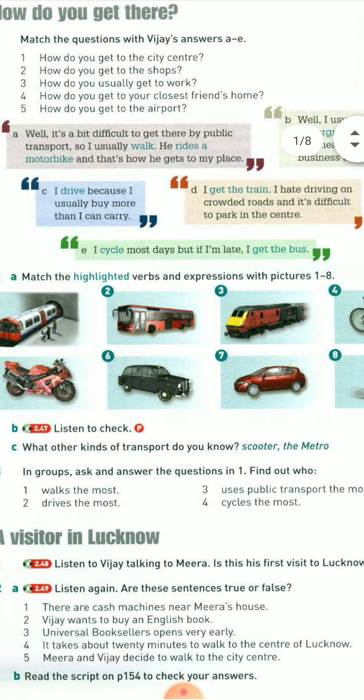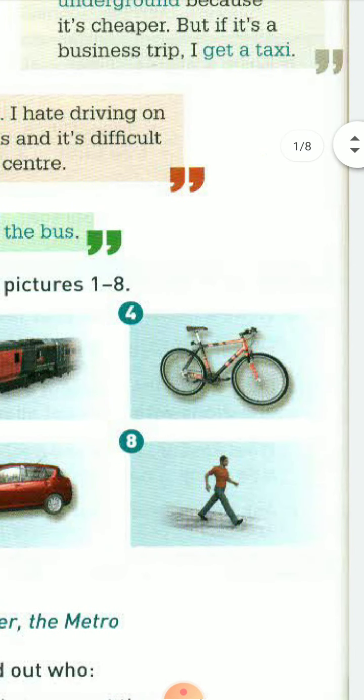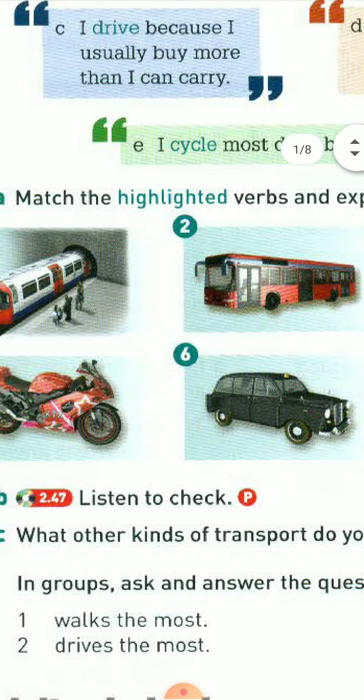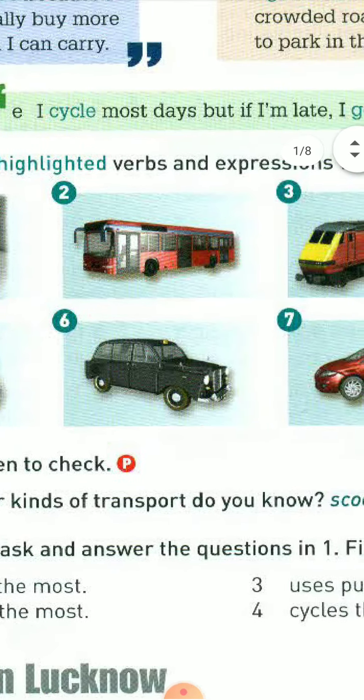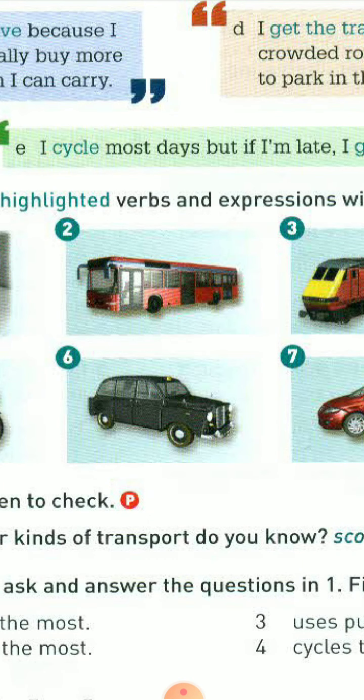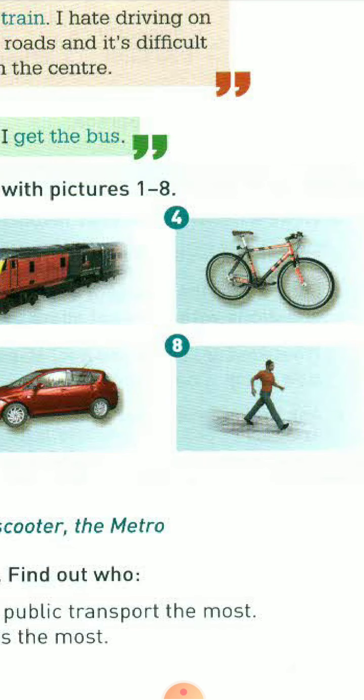Get the train. Get the train. 4. Cycle. Cycle. That's the action. 5. Ride a motorbike. Ride a motorbike. 6. Get a taxi. Get a taxi. 7. Drive. Drive. You drive your car. You walk. Walk to work, you walk to school, etc.